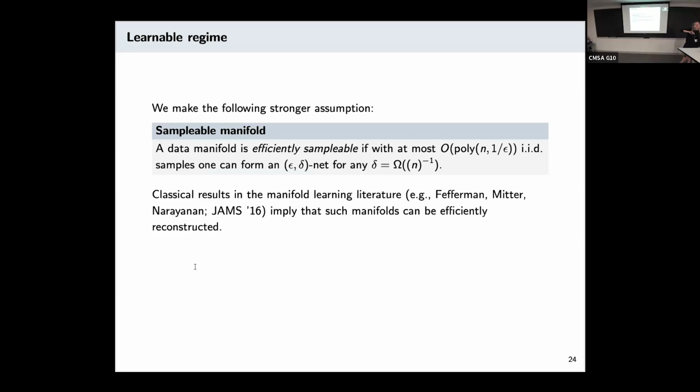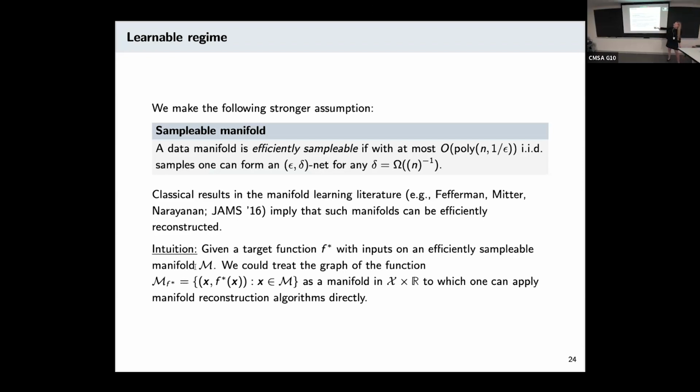Yeah, we're taking a sample from the manifold, so there's some randomness in that, and there's some parameter related to that which has to be taken into account. It's like an epsilon net with probability 1 minus delta. Yes, delta. Okay, sorry, this is not well stated.